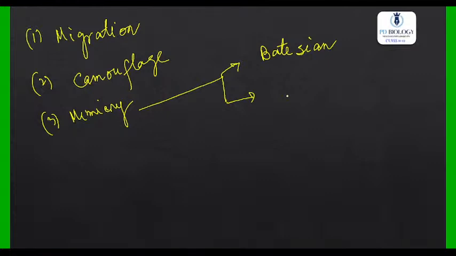The mimic is defenseless. It, however, resembles a dangerous or unpalatable model. So the predator usually does not prey upon it. It's a very important topic for your upcoming exam, Batesian and Mullerian mimicry.